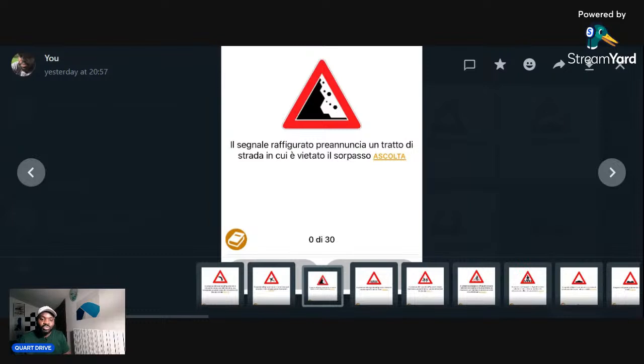No, this one is caduta massi. This indicates that there is falling of gravel from the side of the road, from the right hand side to the left hand direction. So this one is not vietato di sorpasso, but a segnale di pericolo, talking about caduta di massi at the side of the road. So the answer to the third question is Falso.